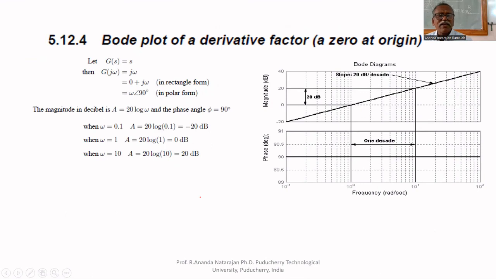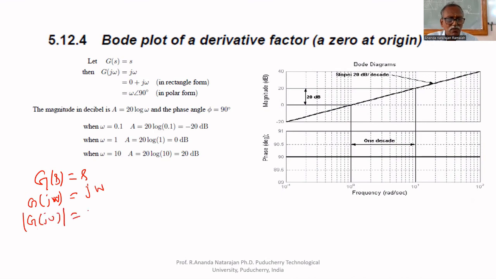Bode plot of a derivative factor, a zero at the origin. That is G of s equal to s. For that, what is the Bode plot? G of j omega equal to j omega. The modulus is omega and the angle equal to what?